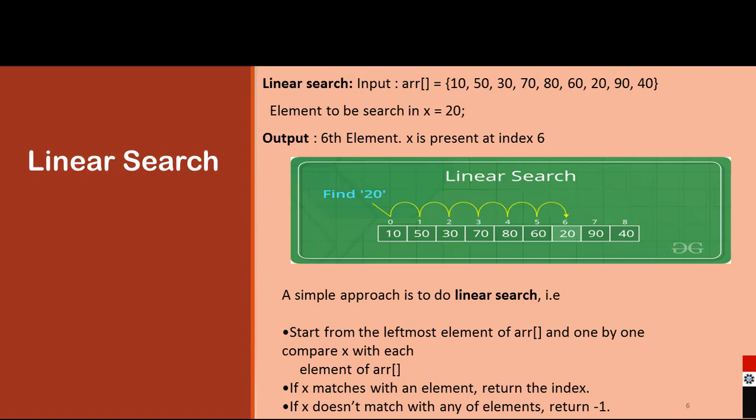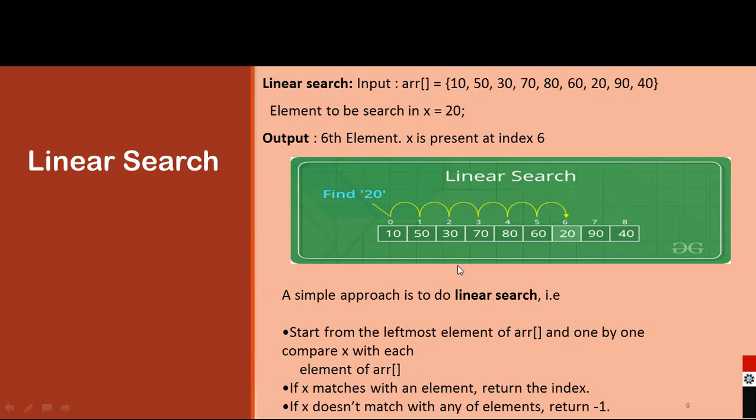Now the second number is 50, and compare it with 20. It is not matching, so check 20 with the next number. Now take the third number, that is 30, and compare it with the number 20. It is not matching, so check 20 with the next number.